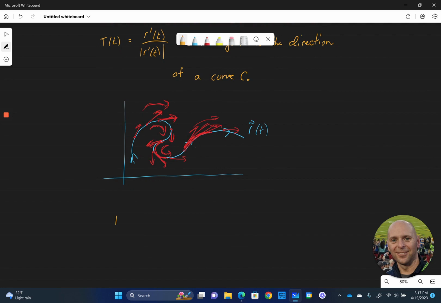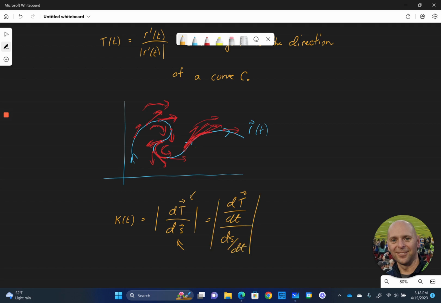We want our curvature, k of t, to be equal to the magnitude of the rate of change of the unit tangent vector with respect to arc length, s. Now, if we also realize that both of these, the arc length and the unit tangent, are really functions of t, then that rate of change can be written as dT/dt divided by ds/dt.